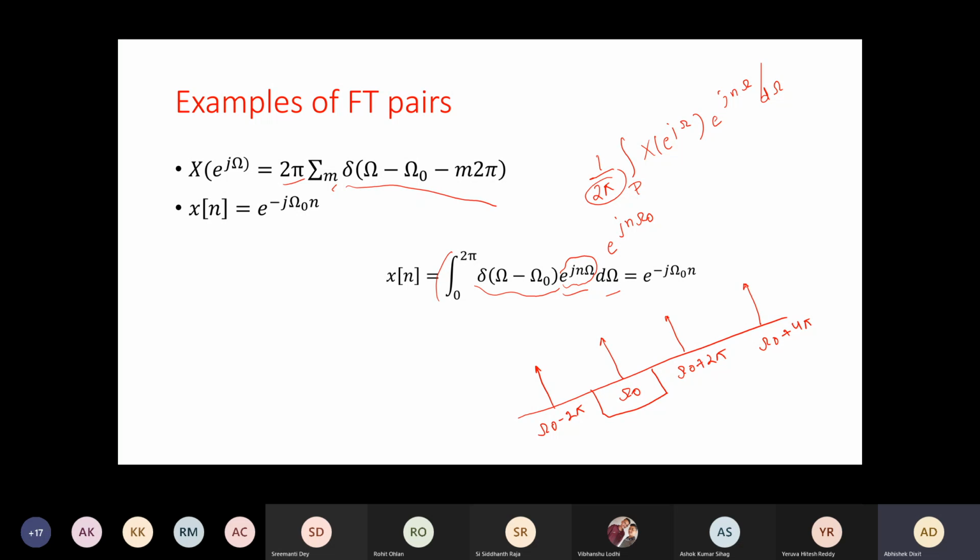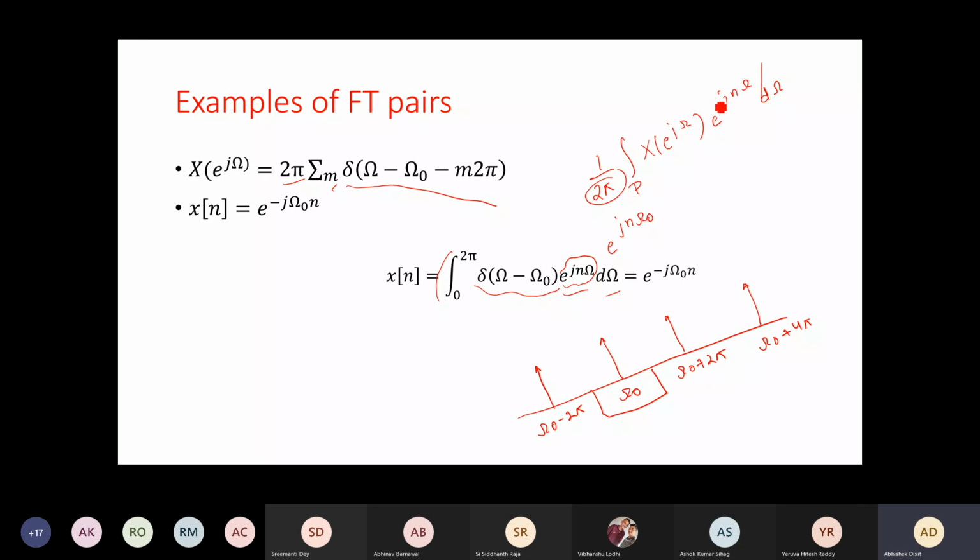Are you able to hear me? Yes, sir. Should this have a plus or minus sign? How do we evaluate this integration? We should have a minus sign. Why? But it is the formula, I guess. It is the formula, right? We have a minus sign in the formula.